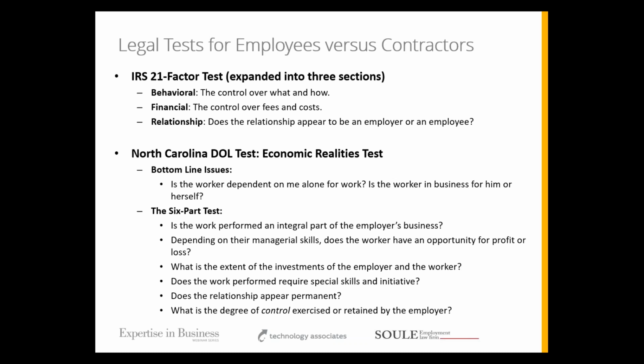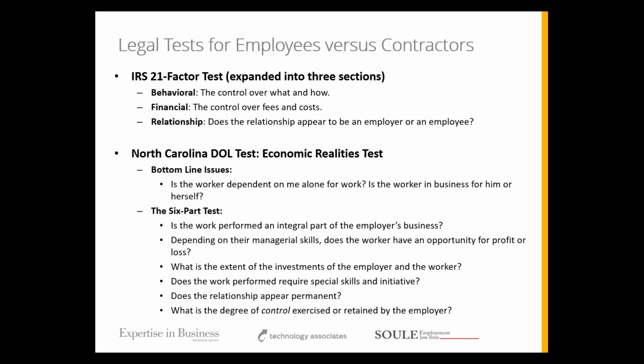The IRS 21 factor test was actually expanded by the IRS into three detailed sections. So it's more than 21 questions now, but it's essentially the same concept. The 3 sections are behavioral control, financial control, and then they've sort of got a catch-all bucket that says, what does this relationship look and feel like?